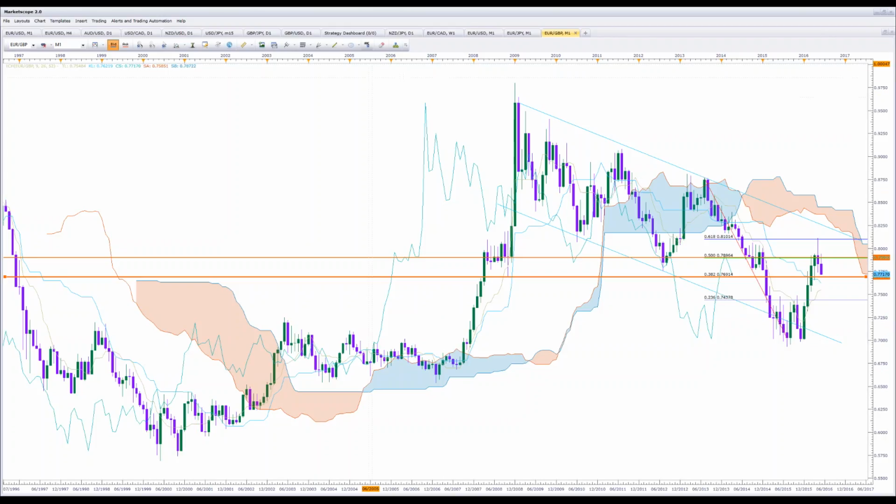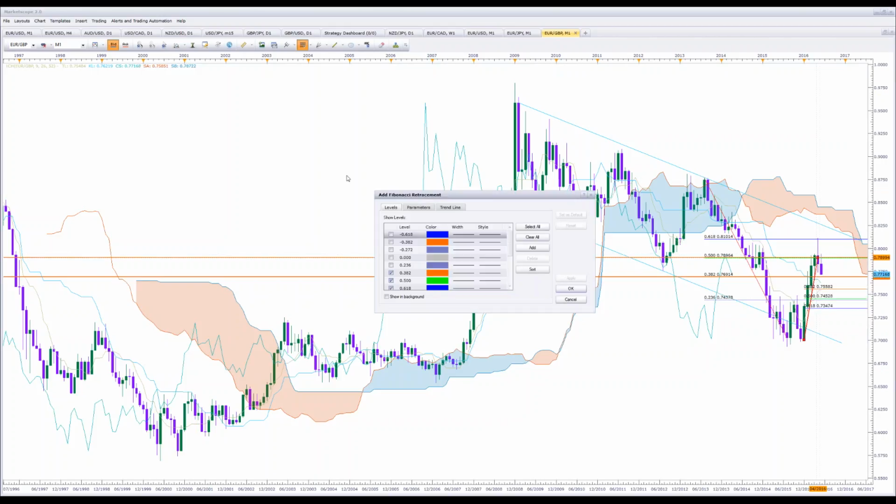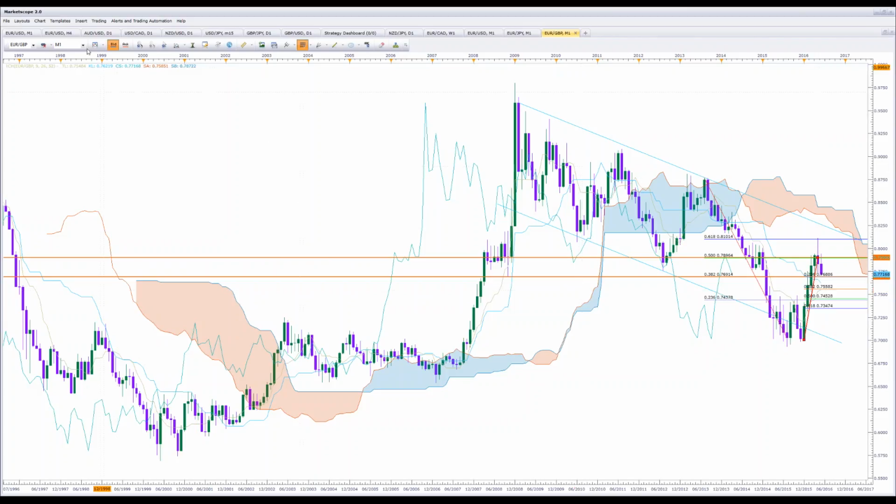And then we use the same Fibonacci retracements, but this time for this newer uptrend, right? We want to see what we can get from this. I'm going to add the 23%, and I'm going to change this.